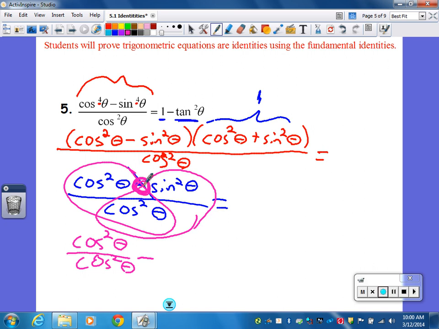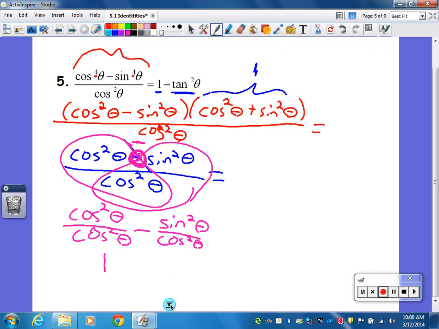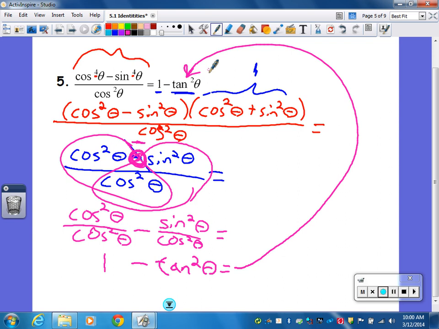Kind of hard to see in there, but there's a minus in there. Okay, so minus sine squared theta over cosine squared theta. So now I have 1 minus, this turns into tangent squared theta, which is what we're looking for right there.